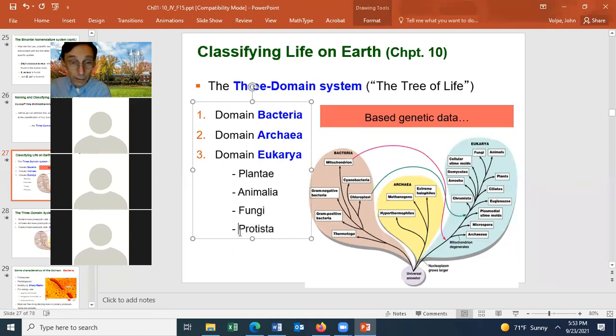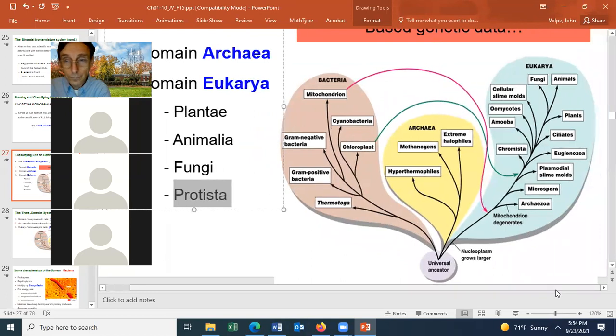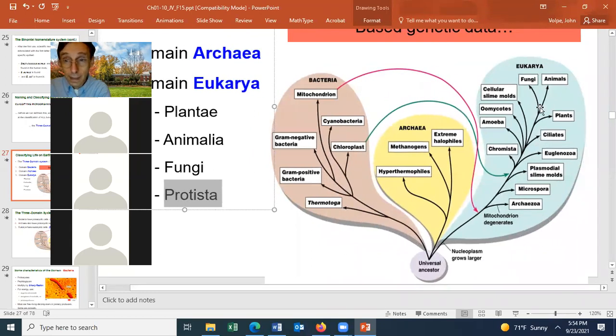And it's important to realize the Protista do not have a monophyletic origin, meaning they may not be similar to each other. Let me point this out here. All the fungi came from a common ancestor. All the animals came from a common ancestor. All the plants came from a common ancestor.